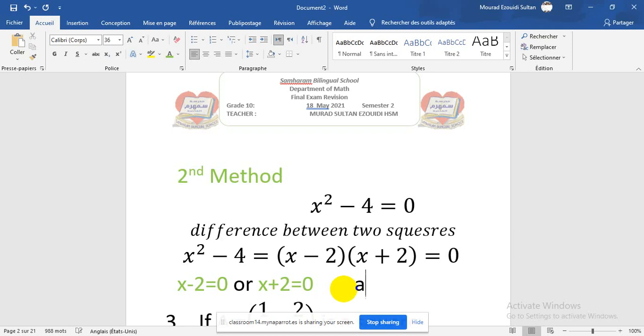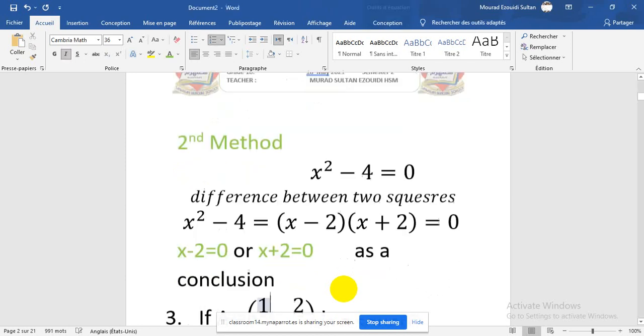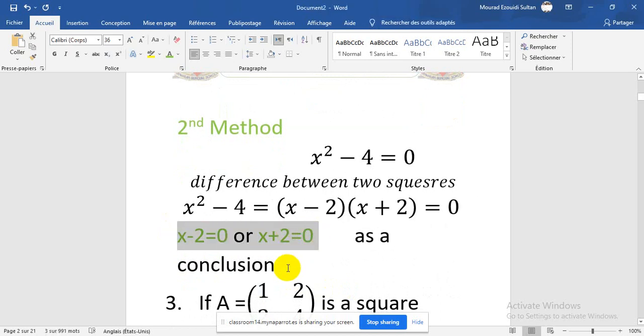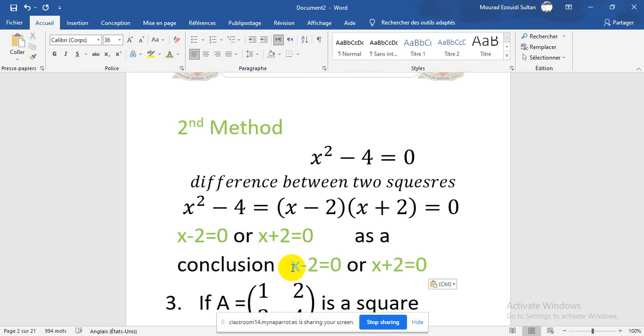As a conclusion, we can conclude that x equals 2 or x equals minus 2. These are the two roots of my quadratic equation. Clear?